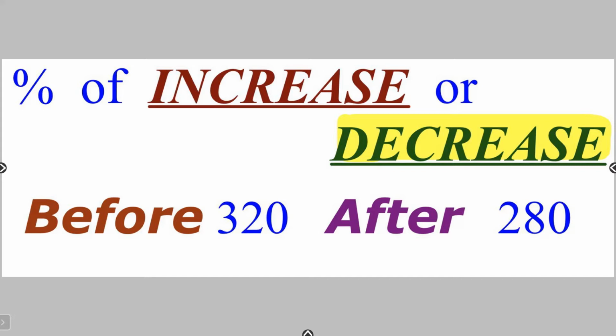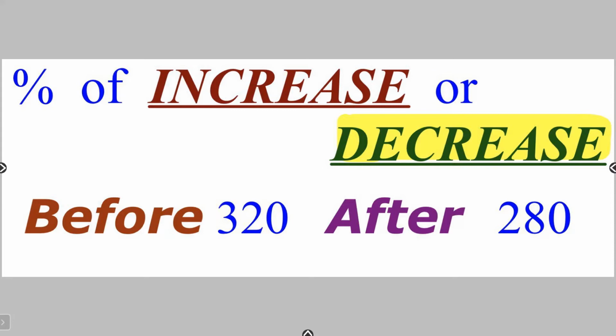To get your numerator every single time, and that's the top of your fraction if you don't remember, all you do is take your before number and your after number and subtract them. Take the difference between the two. So in this example, you have 320 minus 280. And that's going to come out to be 40. So 40 is my numerator.